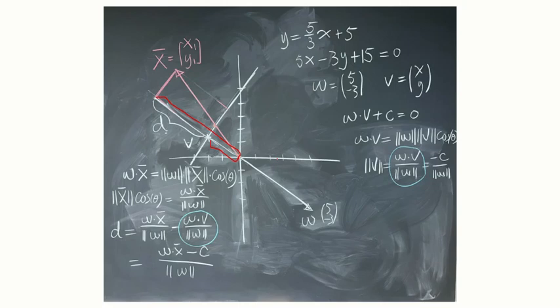Yeah, I think I defined a V here, okay? So let's see, this point is a V. So this D is X norm times cosine theta.